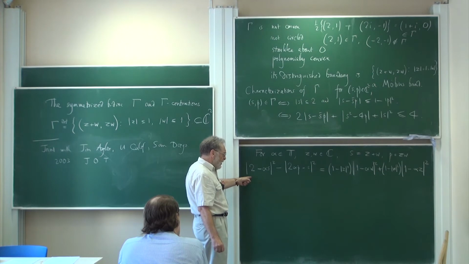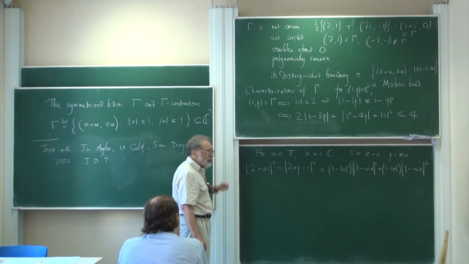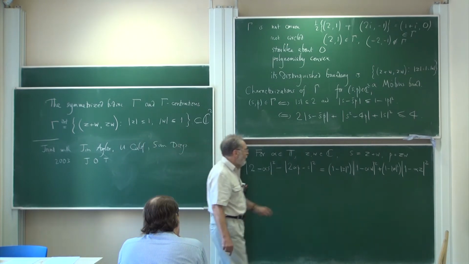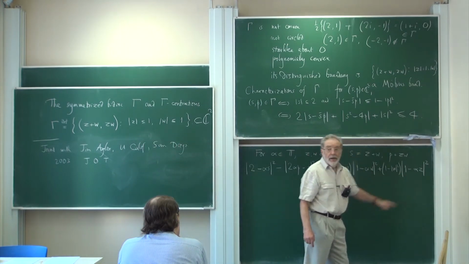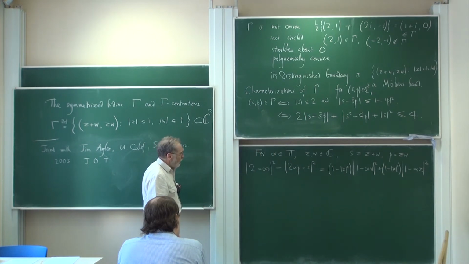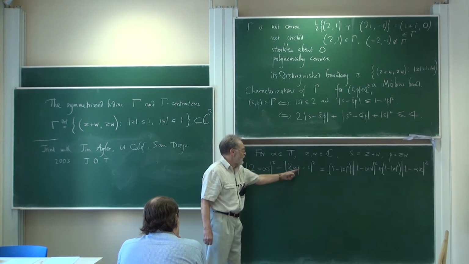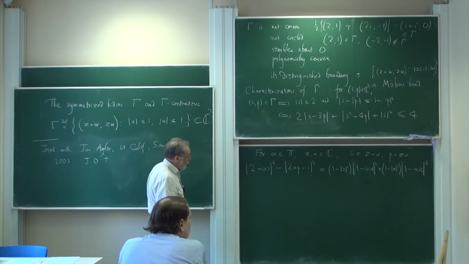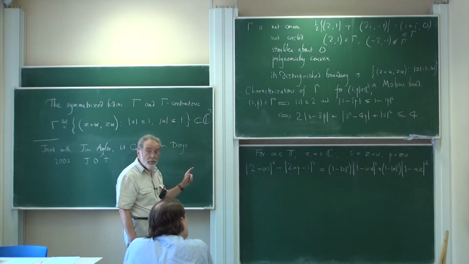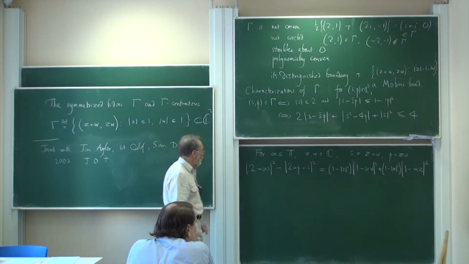So if you stare at this and think, if z and w are in the closed unit disk, then everything on the right-hand side is non-negative. And so this would have to be non-negative for any point (s, p) in gamma.